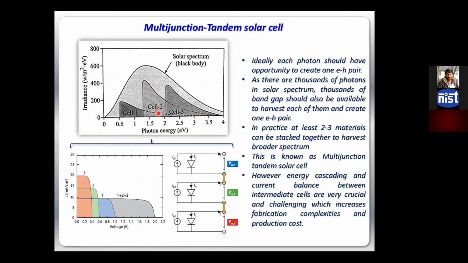Suppose the spectrum has 1,000 photons; in real conditions, if I can have 1,000 materials of different band gaps, and each band gap is capable of absorbing one photon, that will be the ideal thing. Then I can absorb all the photons, right? But that is not possible, because from the periodic table, even if we make all the permutation combinations, we do not have so many semiconductors in hand.